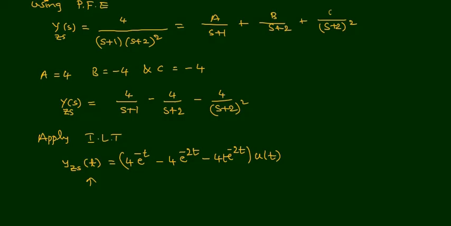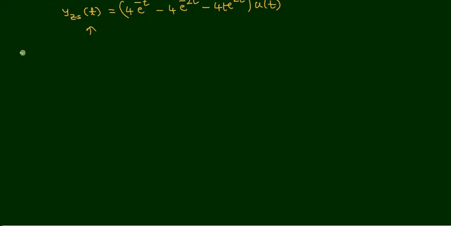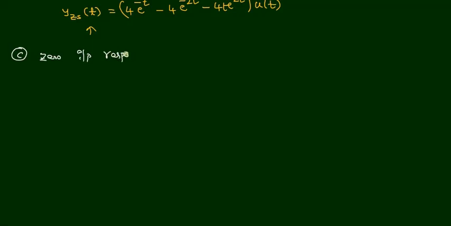Similarly, the third one: we find the zero input response. Here the input is 0, so we consider the initial conditions and the input becomes 0. From equation 1, we can write s²Y(s) plus 3sY(s) plus 2Y(s) equals 3s plus 30 (from the initial conditions).